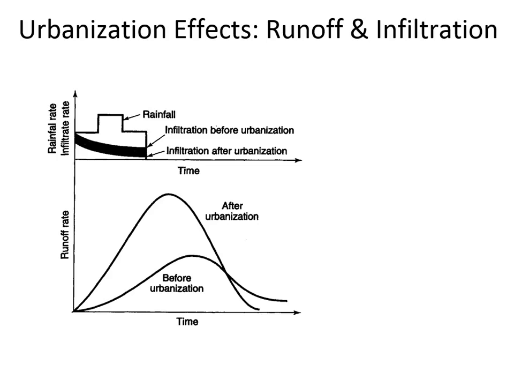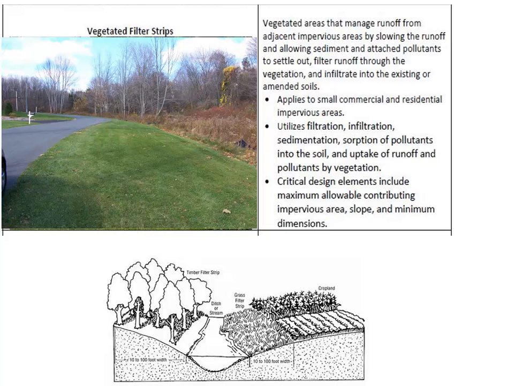We want to try and design features that can push the time to peak to the right and lower the peak. So we want to encourage infiltration, and we want to delay the water in its journey towards its outlet. We want to slow the water down. We don't want it to get there quite so fast, because if it gets there fast, it can all pool suddenly all at once.